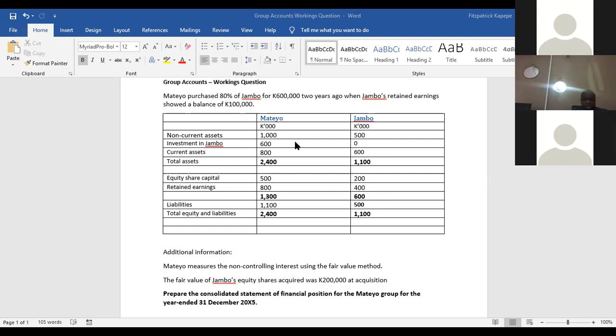So that's a group structure. We draw a group structure, then from there, when we move on to the next one, that's where we'll do structure. Parent 80%, and the 20%.